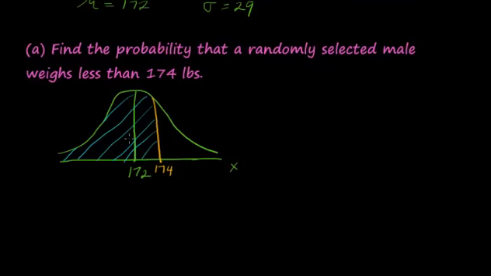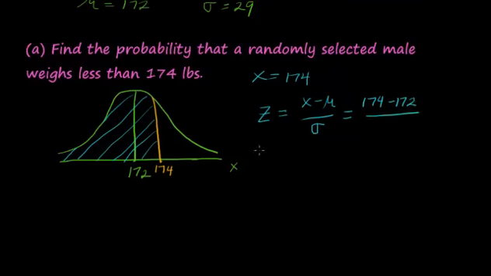So now what we want to do is convert our x to a z-score. Our x in this part is 174. So z is equal to our value x minus the mean over standard deviation. 174 minus 172, and of course we're going to get a positive number because we're above the mean, over 29.